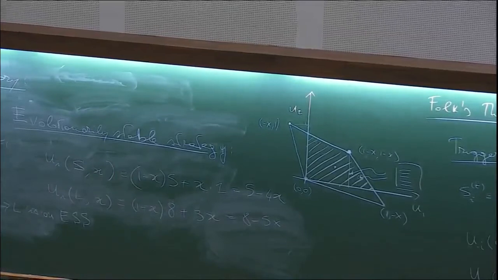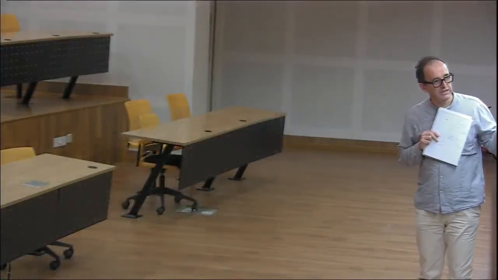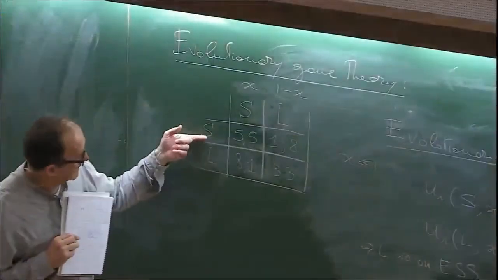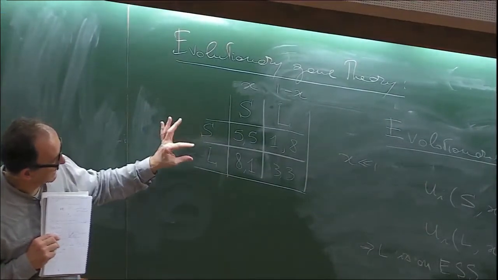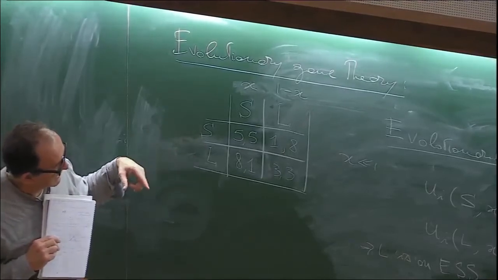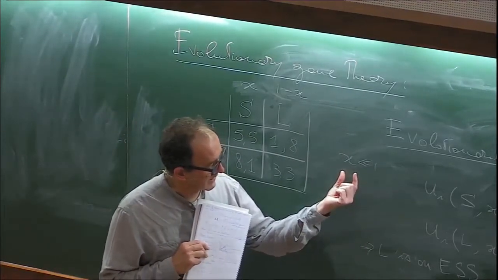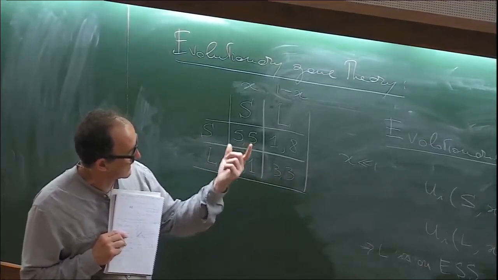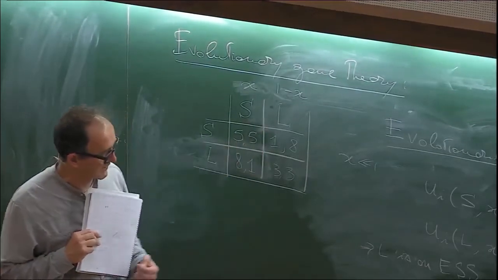you see, what an evolutionarily stable strategy implies is not only that the strategy should be better against the opponent, but also that when the strategy is played against itself, it should be better than the other strategy when played against the evolutionarily stable strategy.